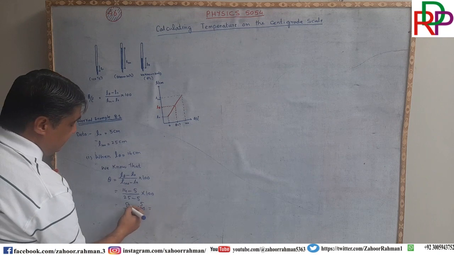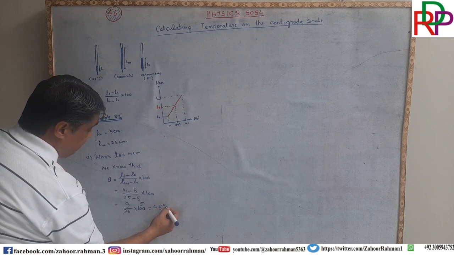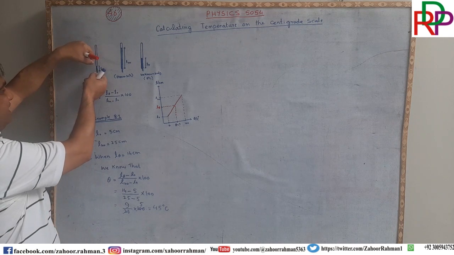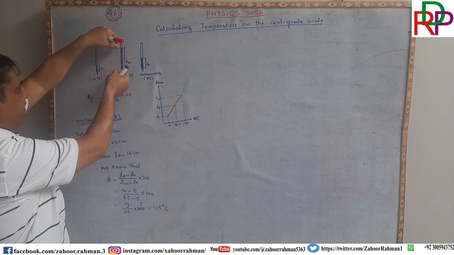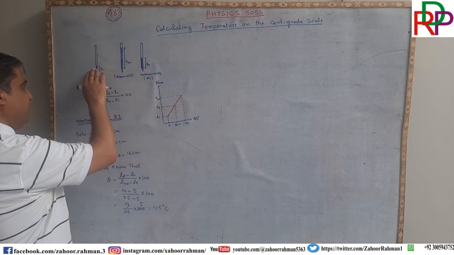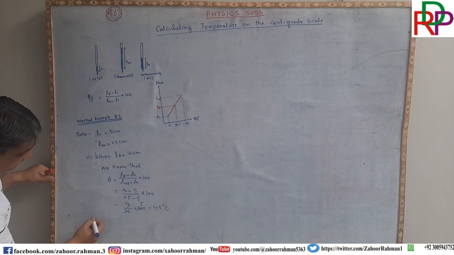So in this case 9 fives are 45 degree Celsius will be the temperature of that unknown body. You have to measure this experimentally, and then this, and then this. So if you are having these three values, you can find it.